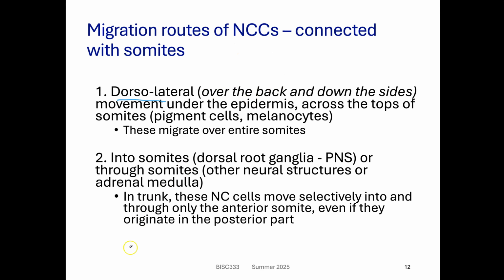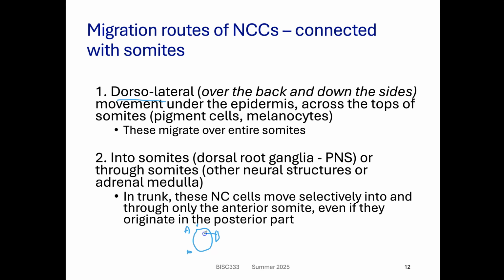So other kinds of migrating neural crest cells will actually move over into or through the anterior somite, but not the posterior. So if this is the somite, and say this is towards the head and this is towards the tail, and suppose this is on the left side, the neural crest cells, they're here and they're migrating down.